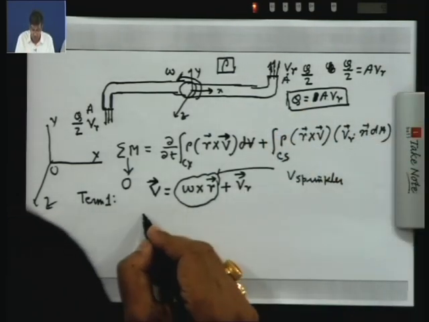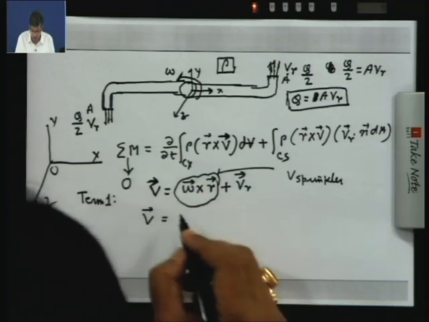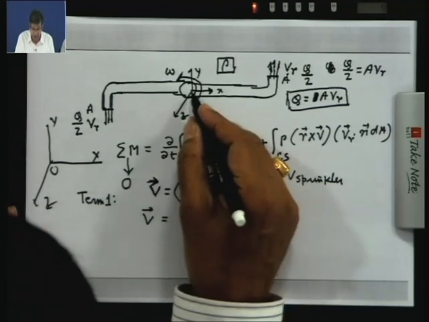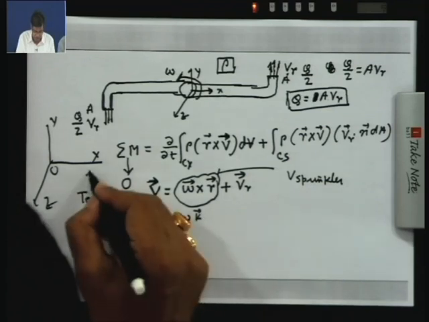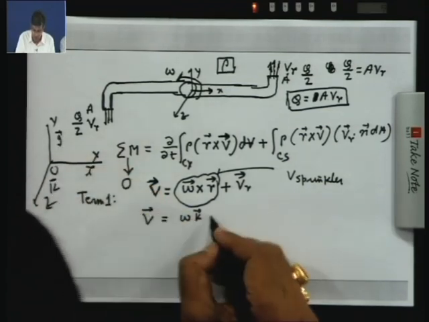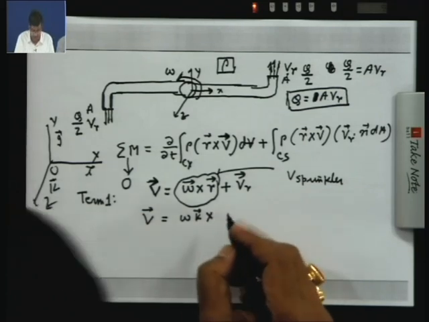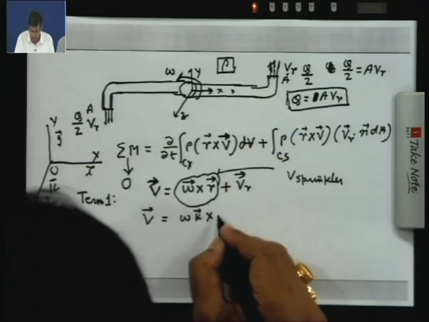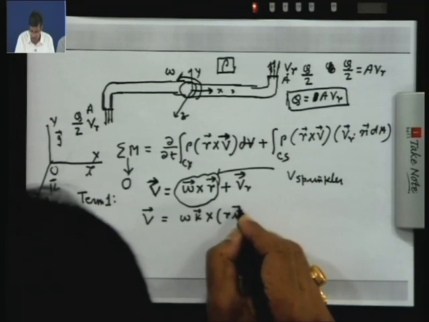So, therefore, V will be, what is omega? Omega vector. If we take the scalar component omega, it is about the z axis, that means the vector k. Here again, I am telling you our usual notation i, j, k. Cross, now what is r? R is, at any location, the radius vector, that means this can be written as r i.